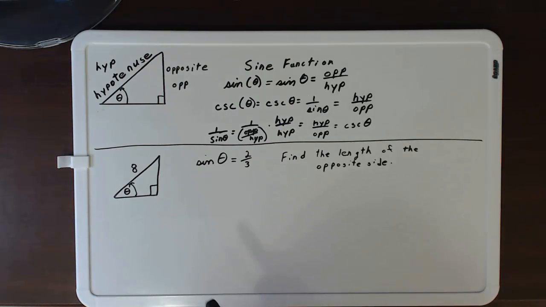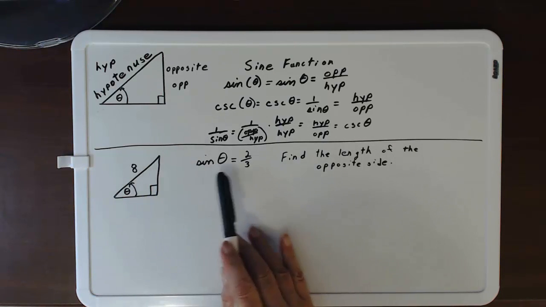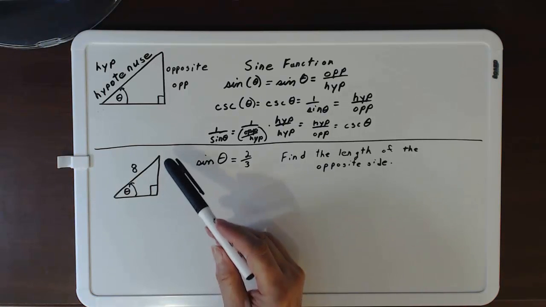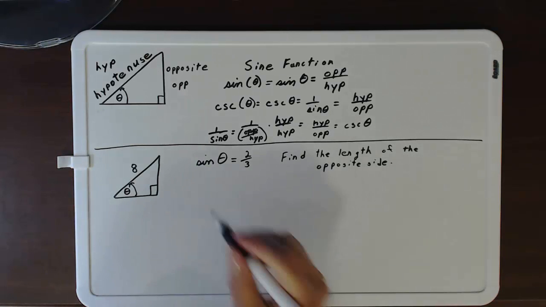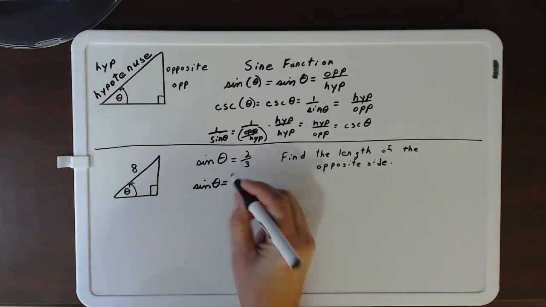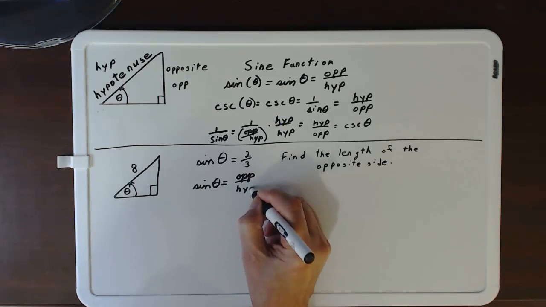Now let's consider this triangle where the hypotenuse is 8 and the sine of theta is 2/3. We want to find the length of the opposite side. Now we know that the sine of theta equals the opposite over the hypotenuse.